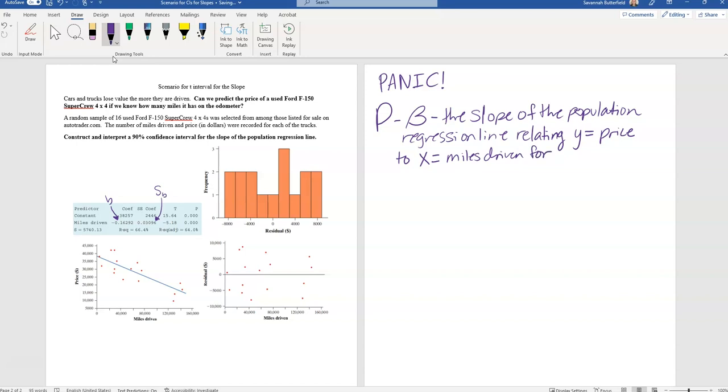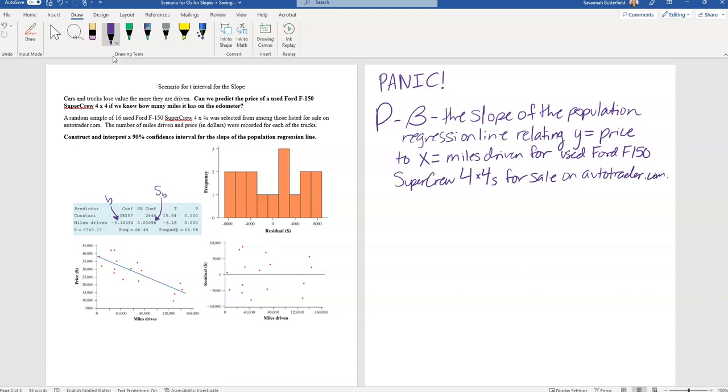But we're doing this for used Ford F-150 Super Crew four by fours for sale on autotrader.com.